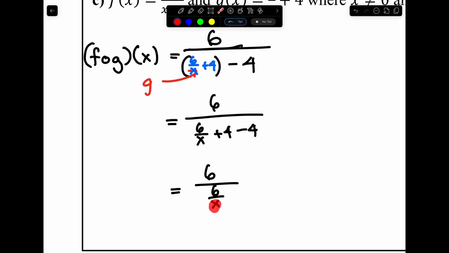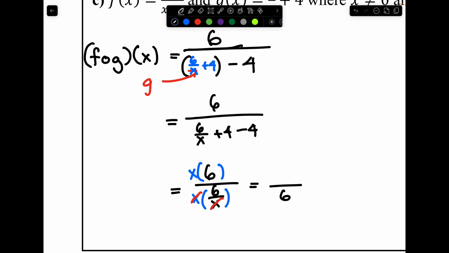Let's get rid of the denominator here, which simply requires us to multiply. So if I multiply this bottom part by x, this x here and this x are going to cancel themselves out, leaving us only with the number 6 in the denominator. But because I multiplied the denominator by x, I have to do the same thing in the numerator and also multiply this numerator up here by x.